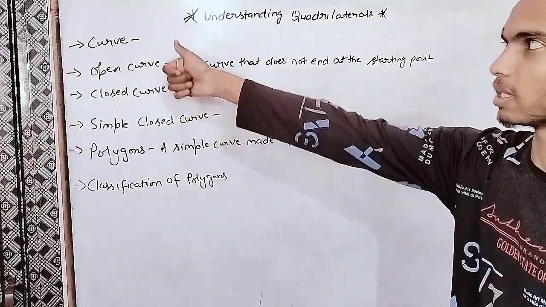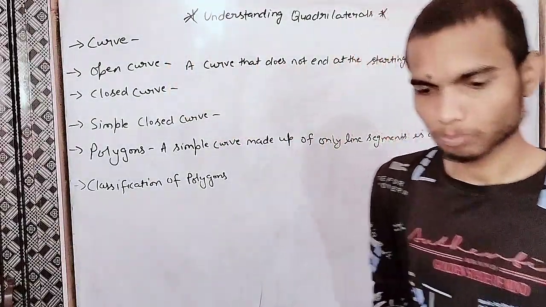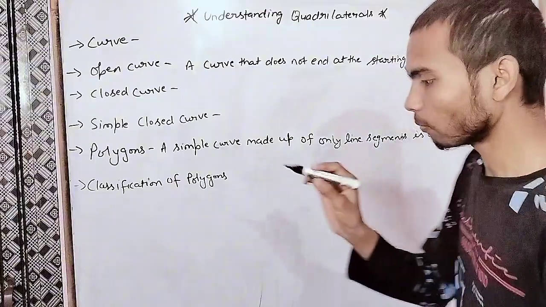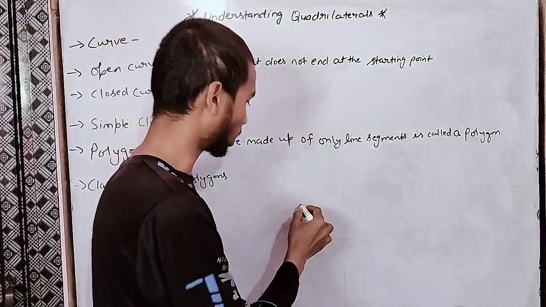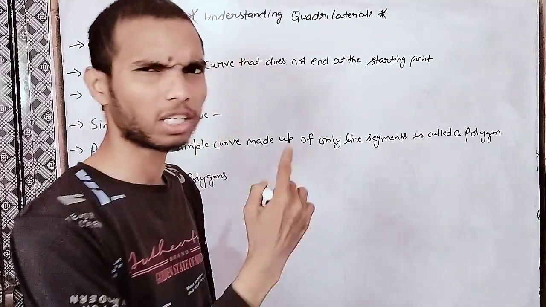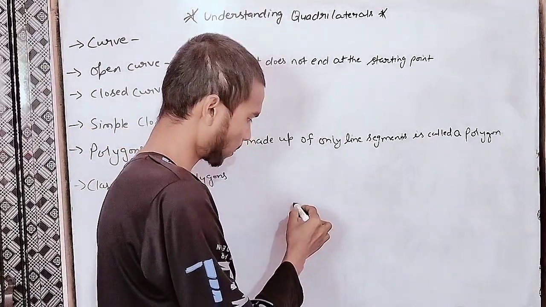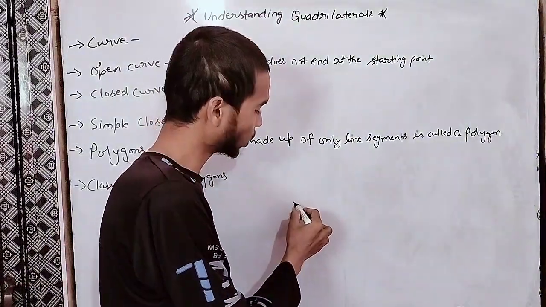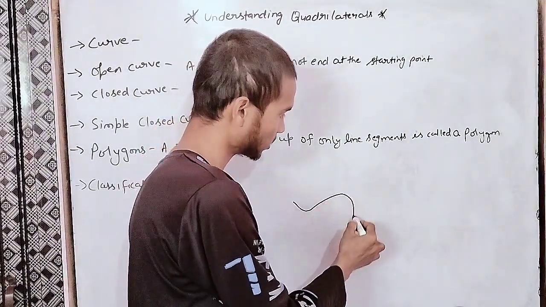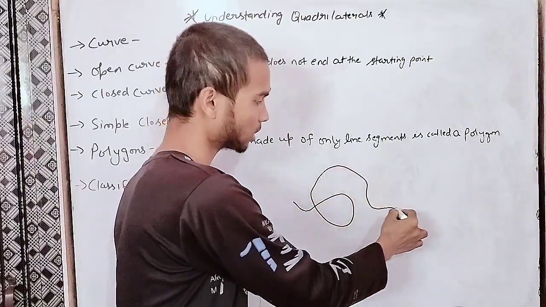So let's start with the first one, which is a curve. Here we are talking about curve diagram. First you take a marker and then you start like that, without lifting this marker.